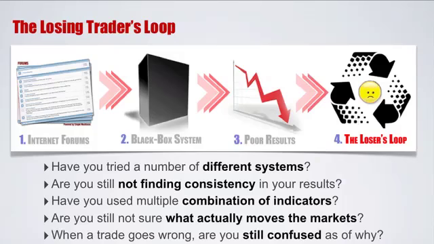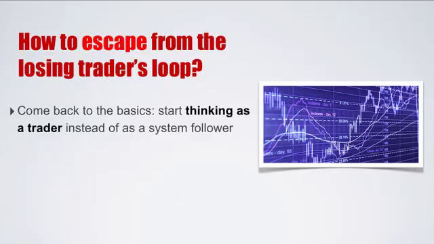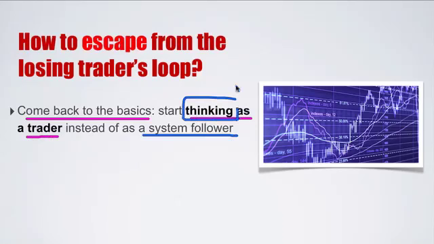All right. Now, the question remains how to escape from that losing trader's loop. What can you do in order to exit that hamster wheel? Well, first of all, my first advice: come back to the basics. Start thinking as a trader instead of as a system follower. You need to understand your system, okay?